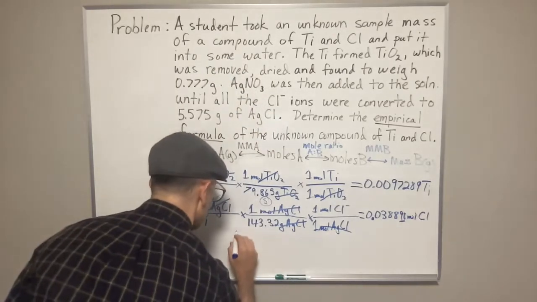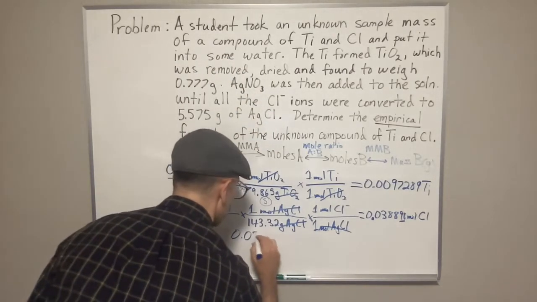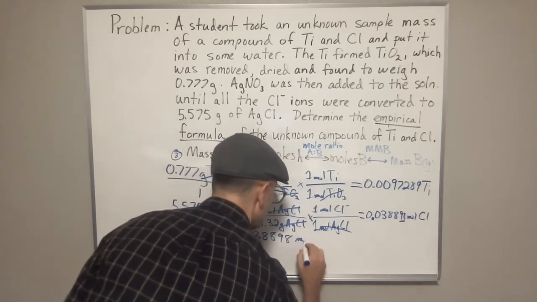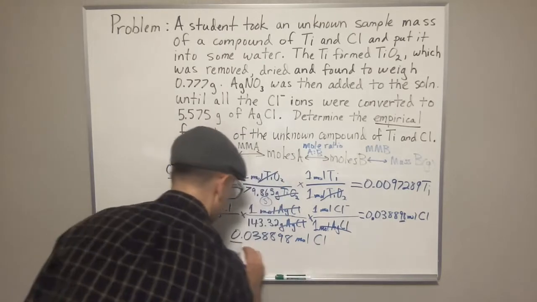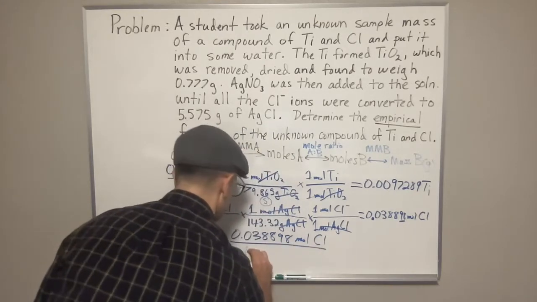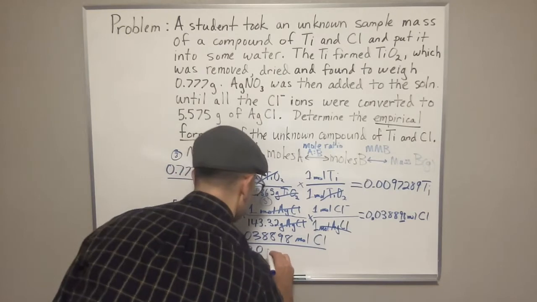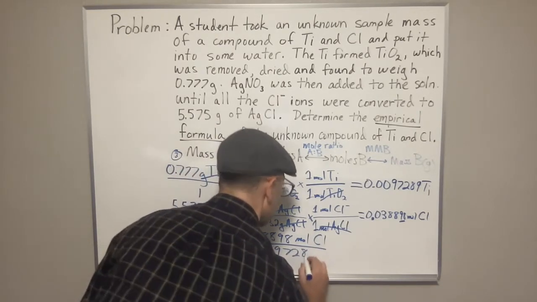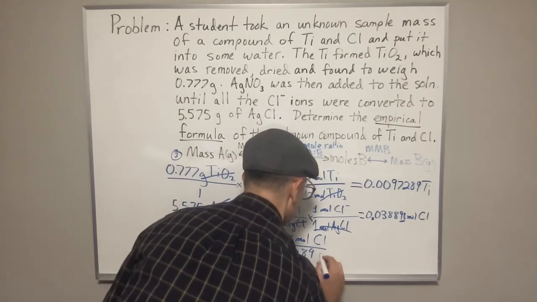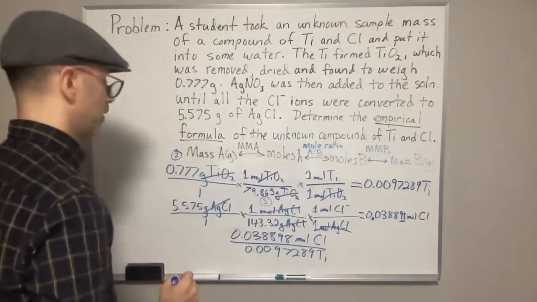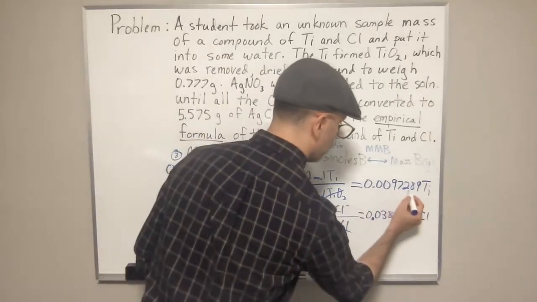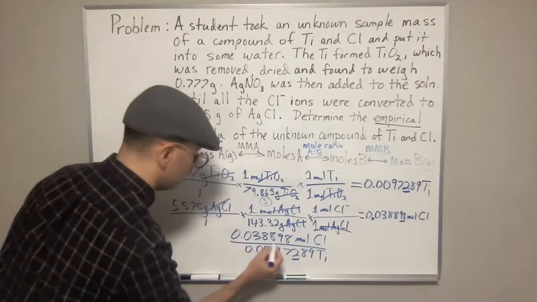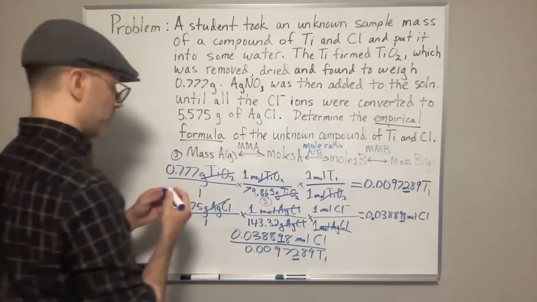So we want 0.038898 mole of chlorine, and that's going to be over 0.009728 titanium. And again, the third digit is going to be the significant one. The fourth one is significant here.